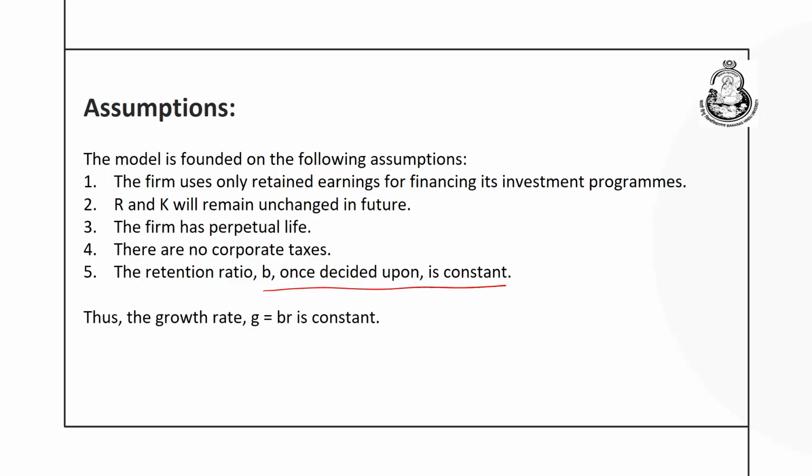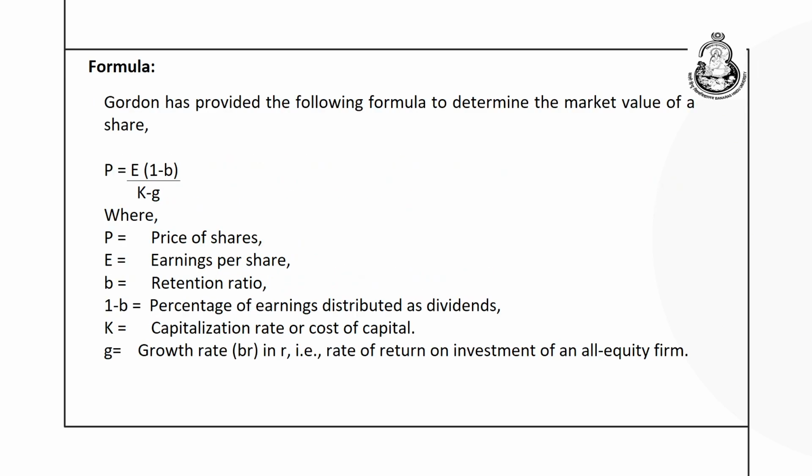So, the growth rate of the company, that is denoted by g, and which is a product of the internal rate of return and b, the retention ratio of the company, will also remain constant.